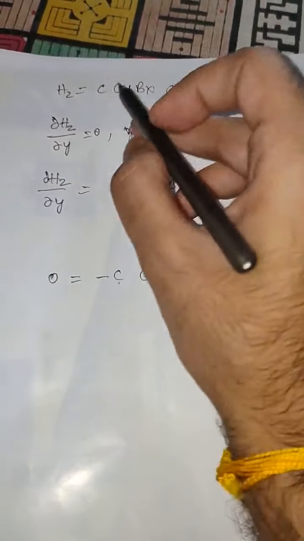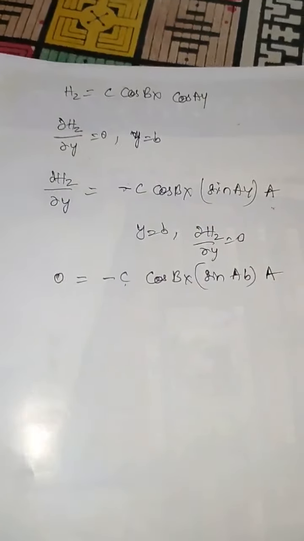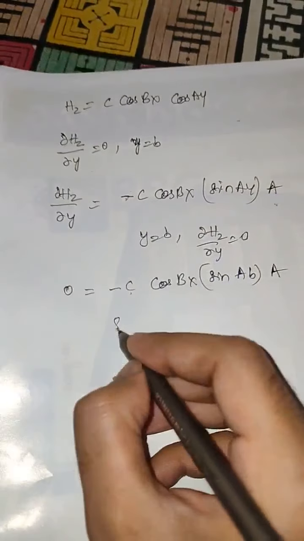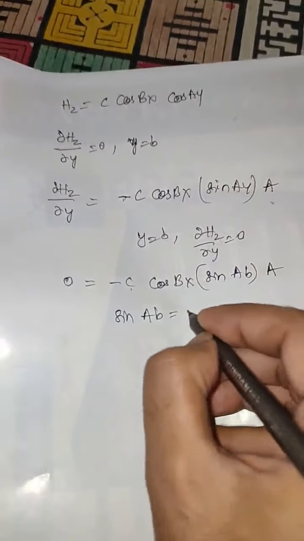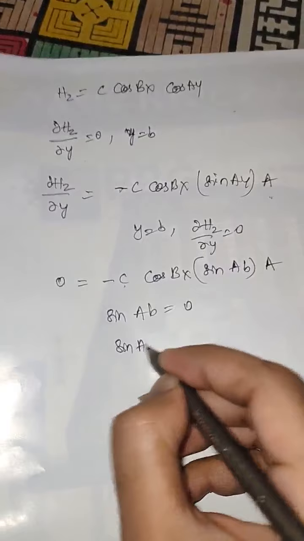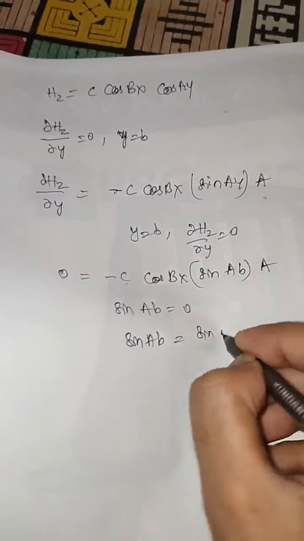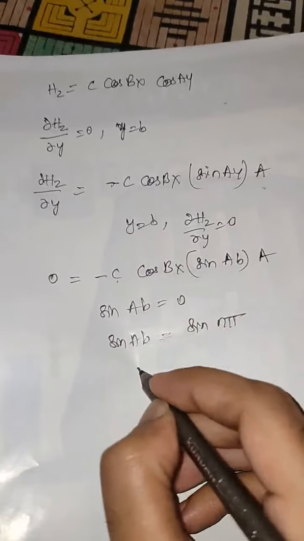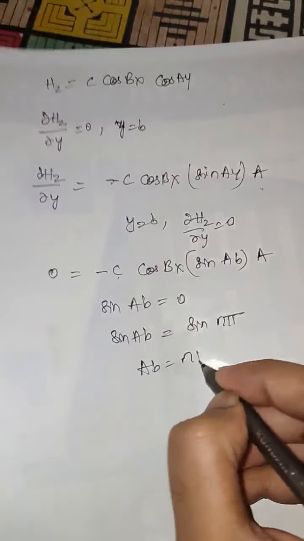If C is equal to 0, the entire equation is 0, so C cannot be equal to 0. Then sin(ab) is equal to 0, which implies sin(ab) is equal to sin(nπ), so ab is equal to nπ.